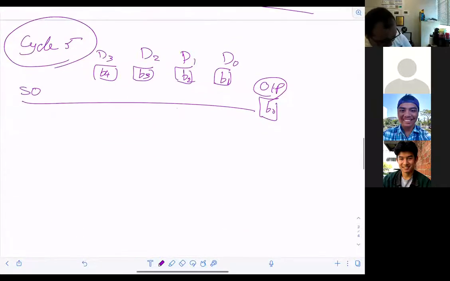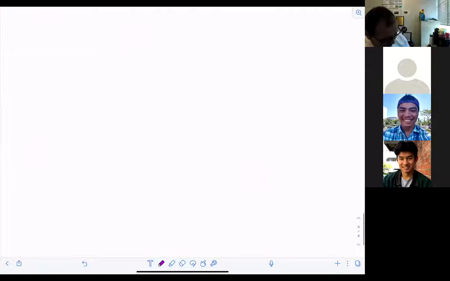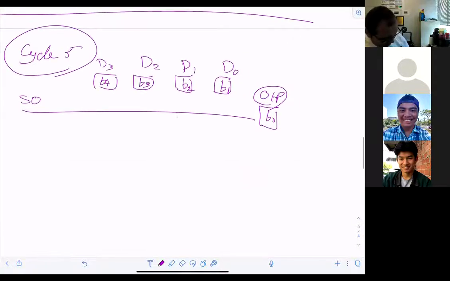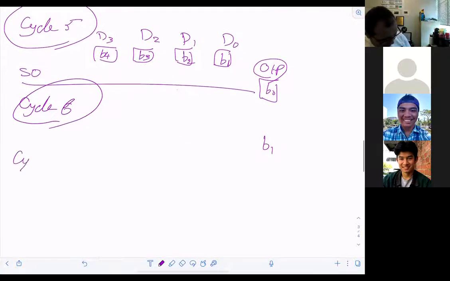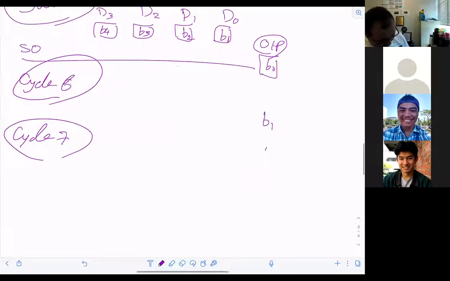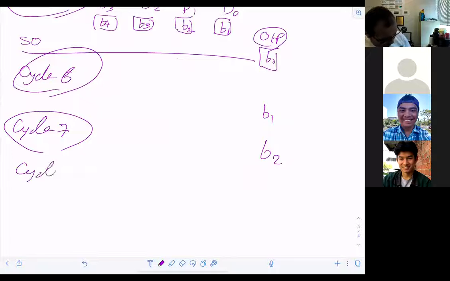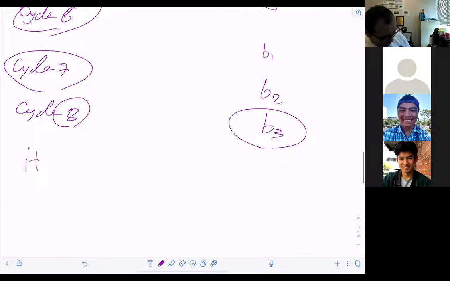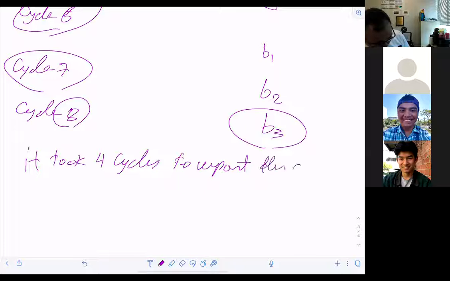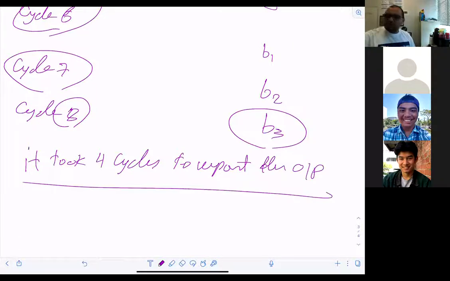Then, in cycle 6, the output will be B1. In cycle 7, the output will be B2. In cycle 8, the output will be B3. So that means it took 4 cycles to report the output. Any question?